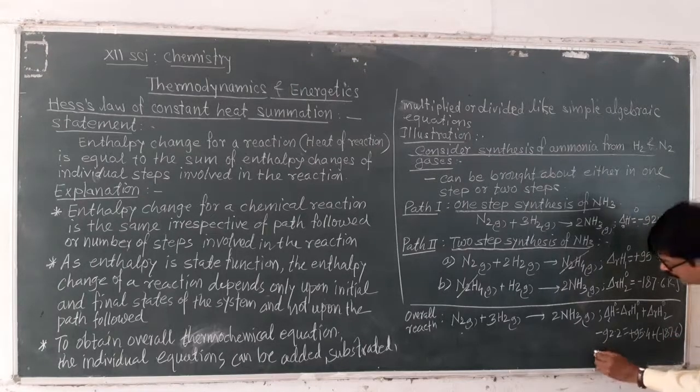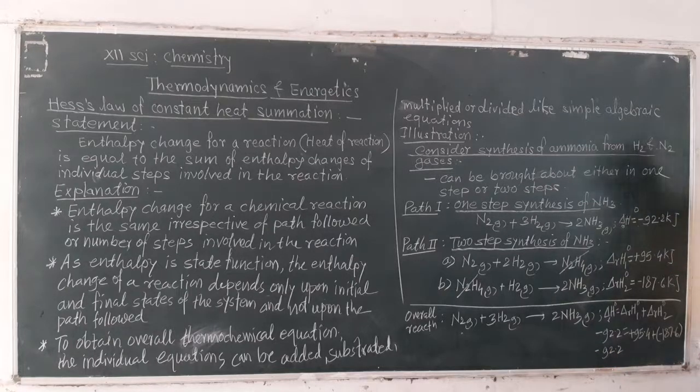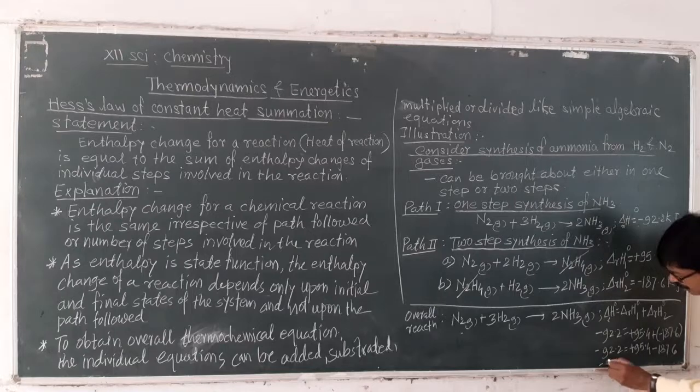If you solve this, you will get minus 92.2 is equal to plus 95.4 minus 187.6, so minus 92.2 is equal to minus 92.2.